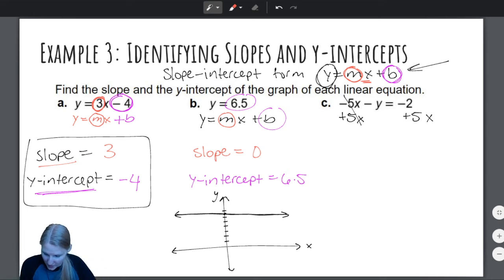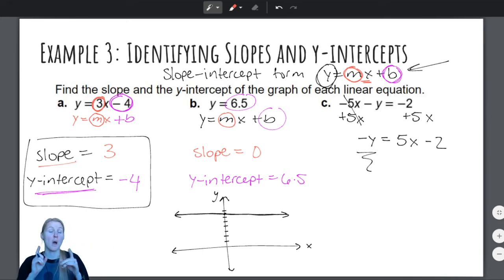It goes away over here, and I'm left with negative y equals 5x minus 2. Okay, now we're really close to looking like y equals mx plus b, but we have negative y. I don't want negative y, I want positive y equals mx plus b. So I need to divide by negative 1, right?